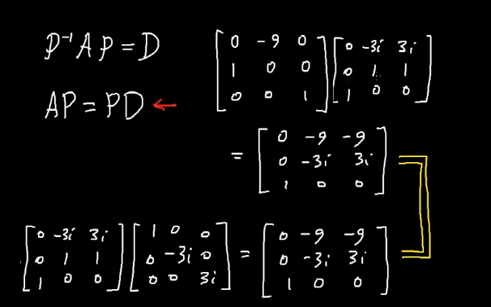So the only way this third one could be a linear combination of the first two is if we multiply the first one by 0 and the second by 1. But if we do that, we're not going to get this vector. We're going to get that vector back, right? So we can see then that it's impossible for the third one to be a linear combination of the first two.